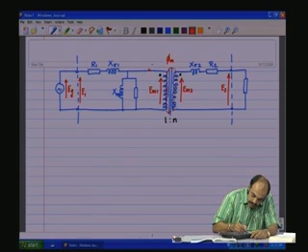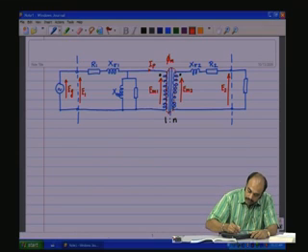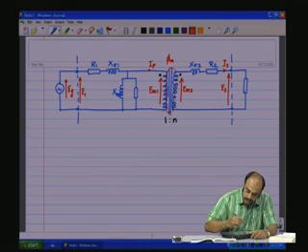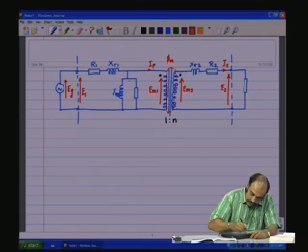There is a current here I p. Now, there is a secondary current I 2. Now, there is a current here I 0, which gets split up into two components, I m, the magnetizing current, and I c, the core loss component through R c.